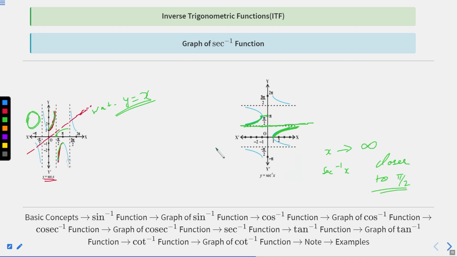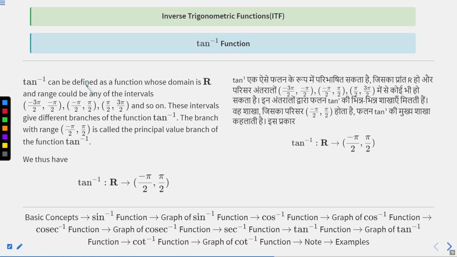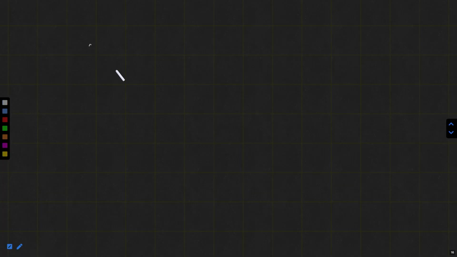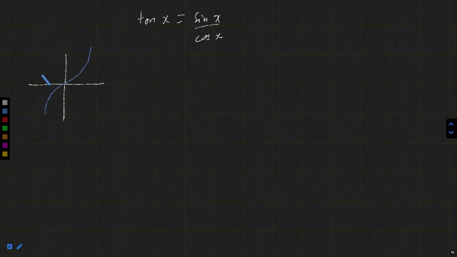Now for the tan inverse function. If you recall, tan x is sine by cos, and the graph for it will be like this. This line is pi by 2, and this line is minus pi by 2. In this interval, we know that tan x is one-one as well as onto.